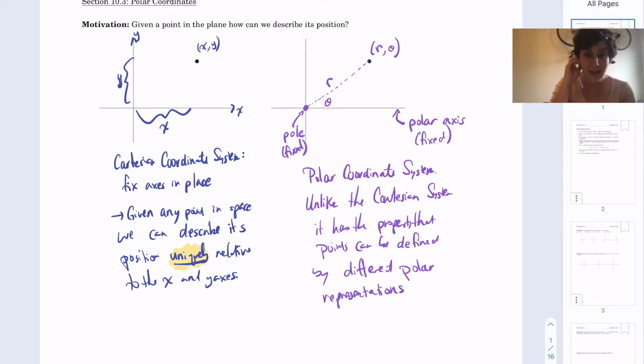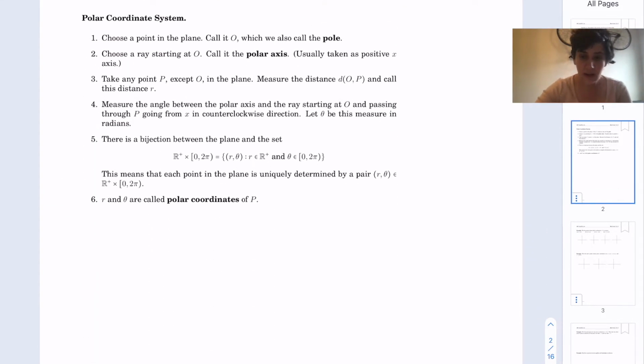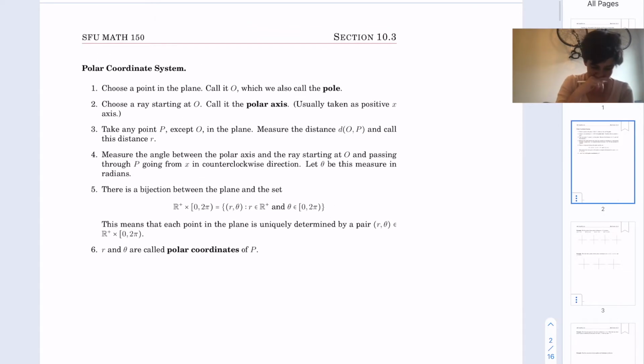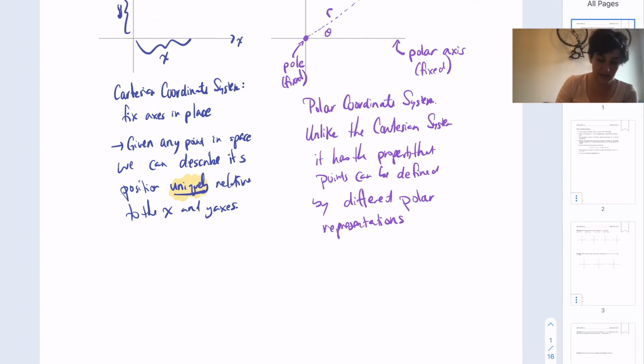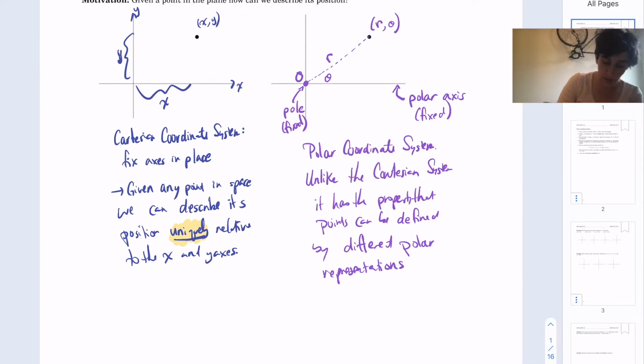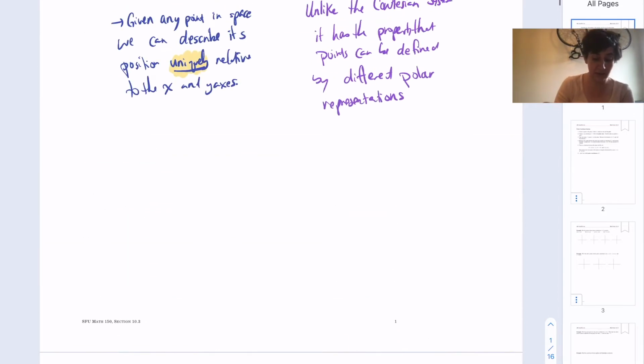Okay, so let's see this in action. Let's first define things a little bit more clearly. We choose a point in the plane, call it O. This is our pole. We're choosing a ray starting at O, calling it the polar axis.